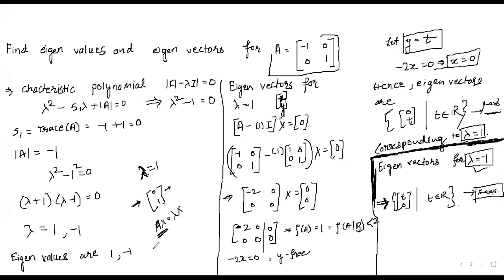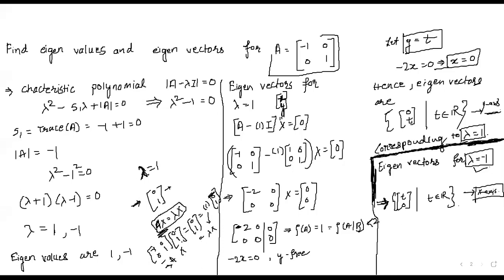So you do the multiplication. -1, 0, 0, 1, if you multiply this to 0, 1, what will you get? 0, 1. Did you get 1 into 0, 1? So this equation is satisfied. You can see A into x is equal to lambda into x. Okay, so this is the way we can check.